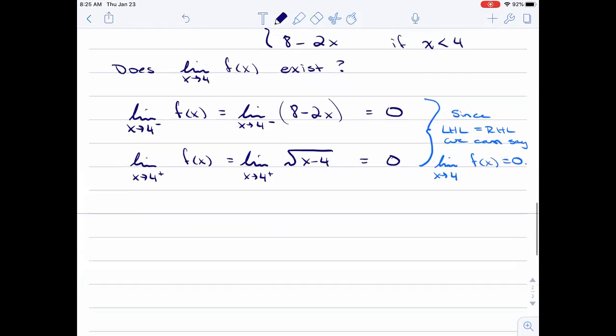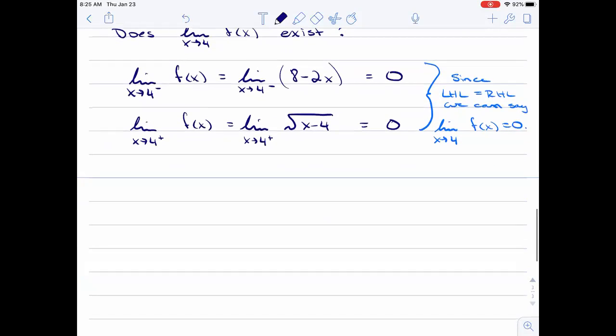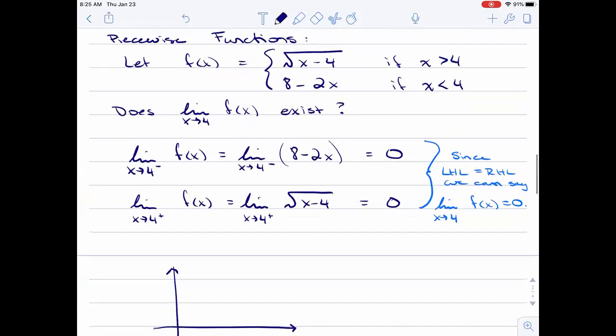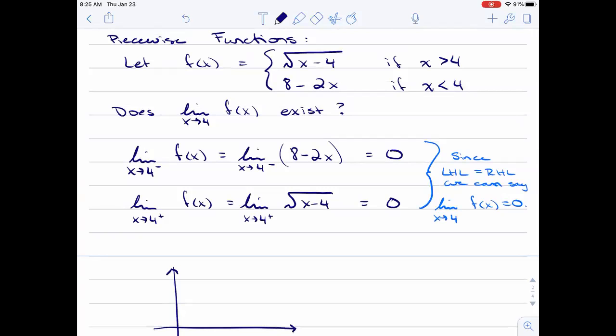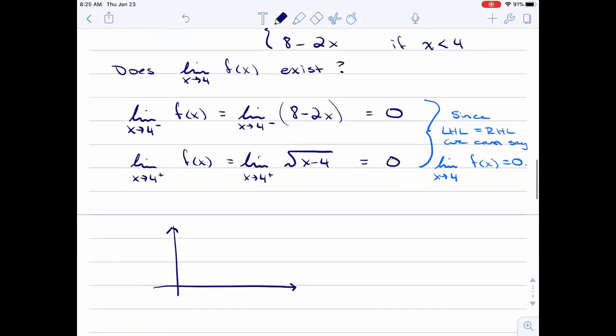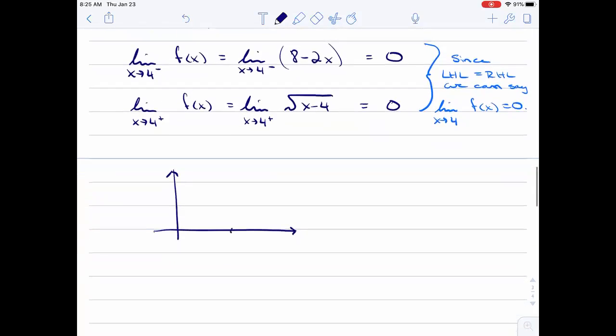And so we can say, okay, well, if I've got something like this going on, I know from the limit that the y value at x equals 4 must be 0. So I already know that, let's call it at 4, I've got this open hole here.